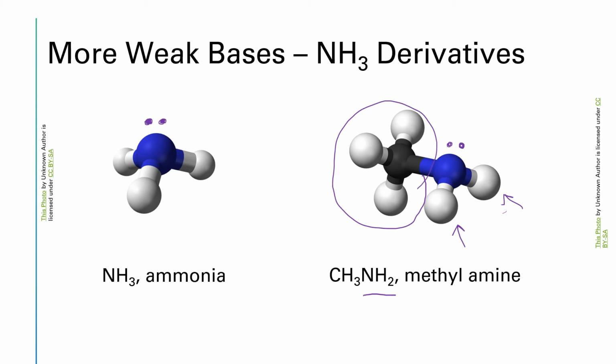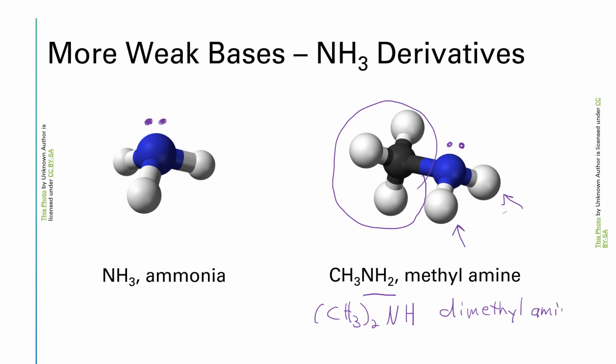And then amine is telling us that we have this substituted ammonia. Now we could substitute 2 of the hydrogens with a methyl group, and we would have (CH3)2NH, because now we're down to just 1 proton attached to the nitrogen, and this would be called dimethylamine.